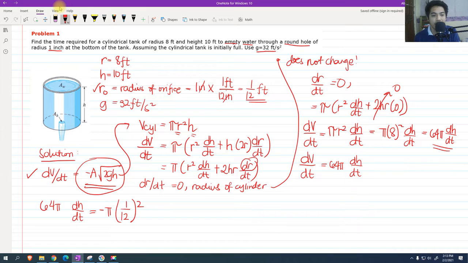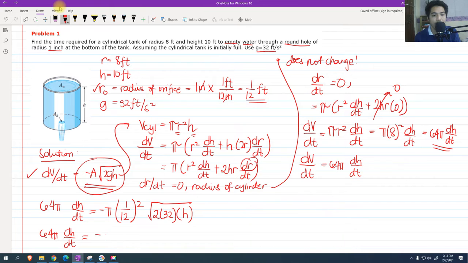That's the area of the orifice, multiplied by the square root of 2 times the acceleration due to gravity, 32, and h, the height of the water, which we don't know.